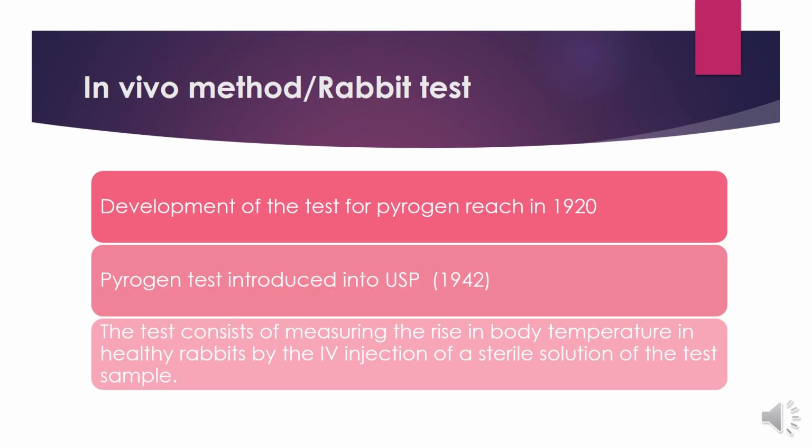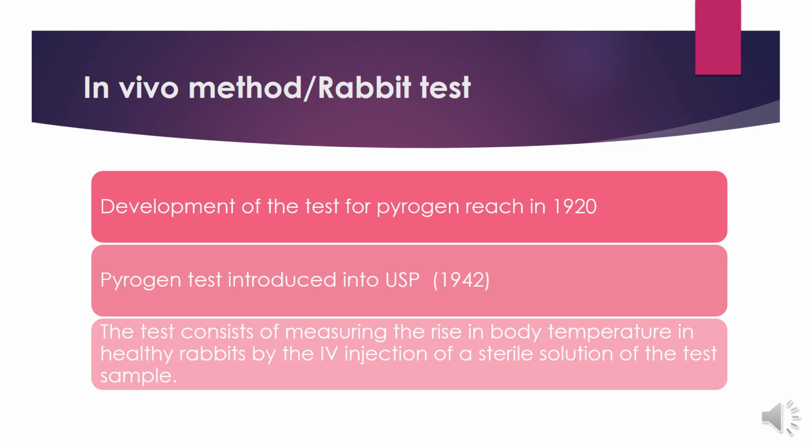So it says the test consists of measuring the rise in body temperature in healthy rabbits by the IV injection of a sterile solution of the test sample. So this is the principle. We are checking the rise in body temperature in healthy rabbits by injecting the sterile solution of the test sample.